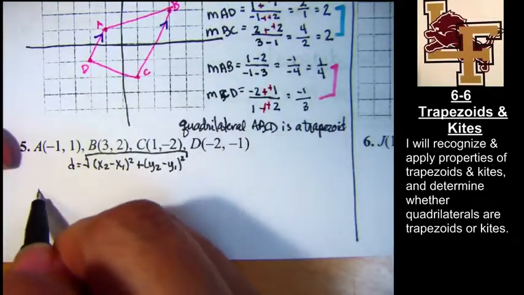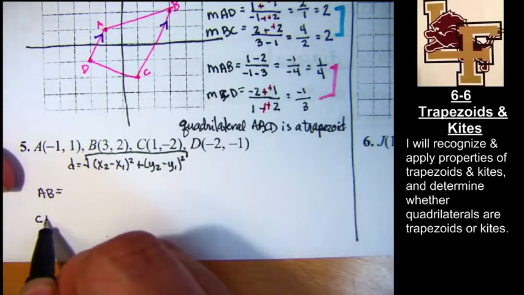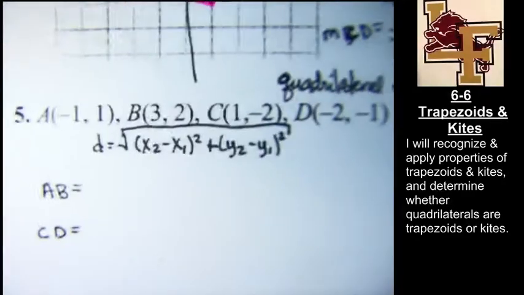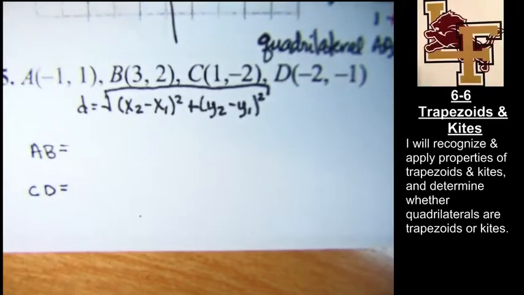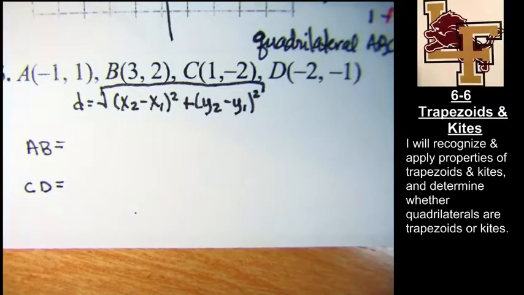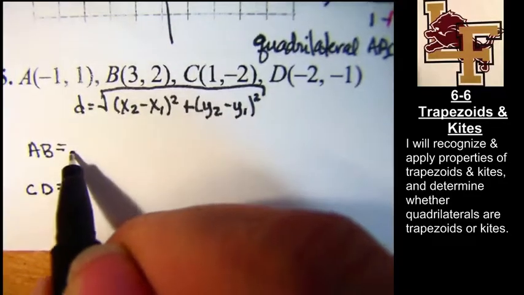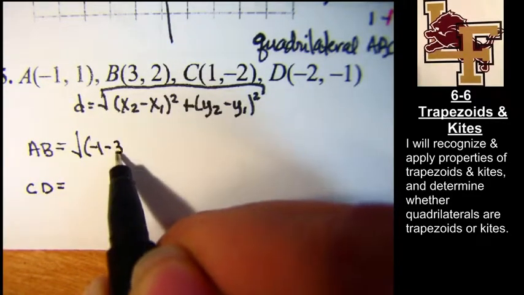Okay, I'm going to use the distance formula for leg AB, and then for leg CD. And once I've found the distance of those legs, then I can state whether he is an isosceles trapezoid or not, and I can decide whether he's allowed in the very important Polygon Lounge so that he can drink some Dr. Pepper. All right. X coordinate of A, X coordinate of B.